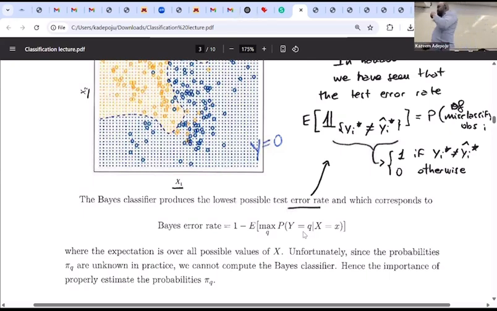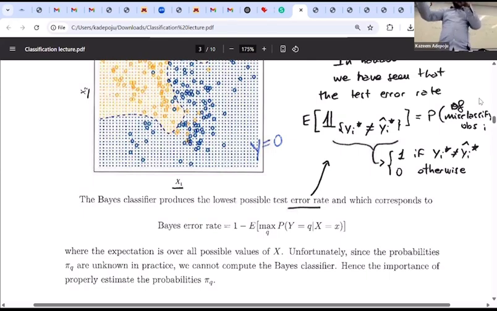But there's something that is going to be an issue here. I said, unfortunately, since the probabilities pi q are unknown in practice, the posteriors are unknown in practice. You remember the other time we have a pi q prime, that's a prior. We may know the prior, because we can know it before collection of data.